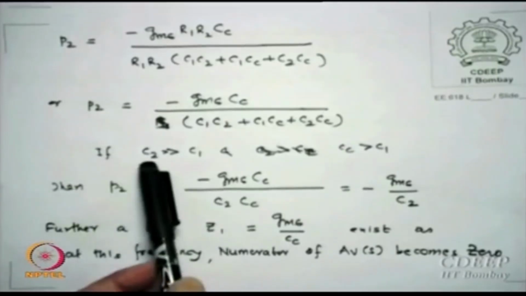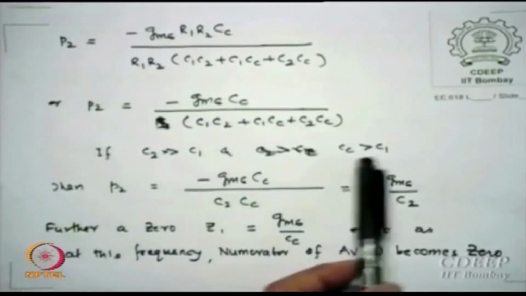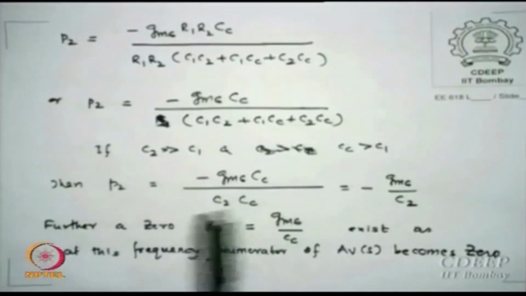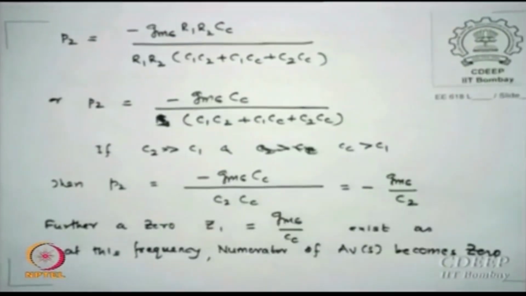We assume that C2 is larger than C1 and Cc is also larger than C1, then the P2 pole can be roughly written as GM6 Cc by C2 Cc, or GM6 by C2, which you also get from the zero time constant technique. So you needed 2 poles from the second order function, and you got 2 poles.